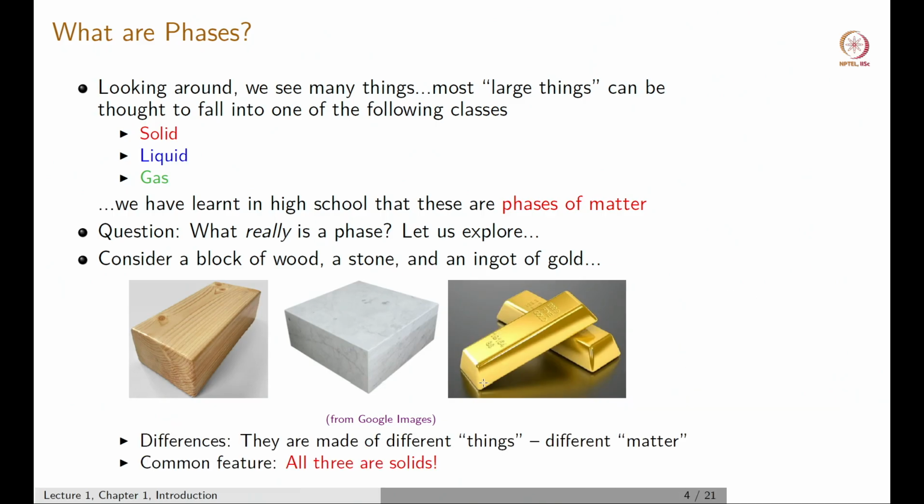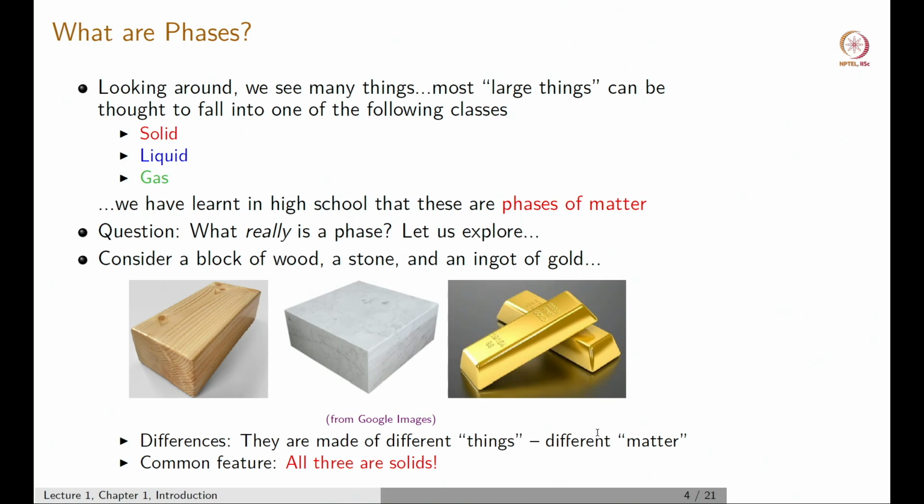What is common in these? The common thing here is that all of the three are solids, although they are made of different things. So different things organize themselves into solids, and yet we call them the solid phase.